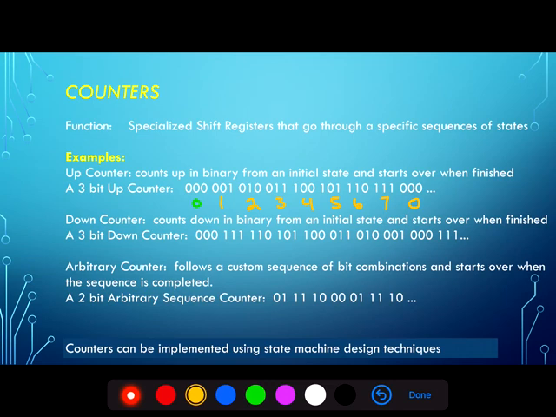The down counter does exactly the opposite, starts at its highest value and goes down from there. And once it's done counting down, it just starts at its high value again and continues over. Arbitrary counters can be used to count any different sequence that's useful for the function at hand.